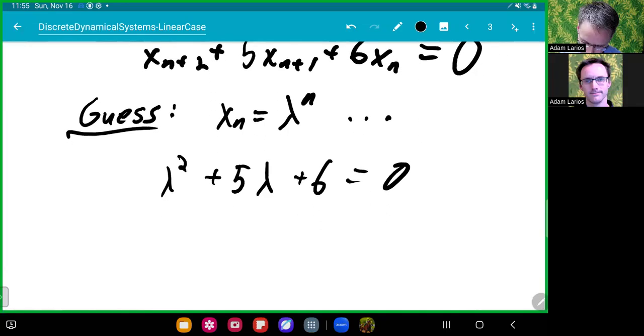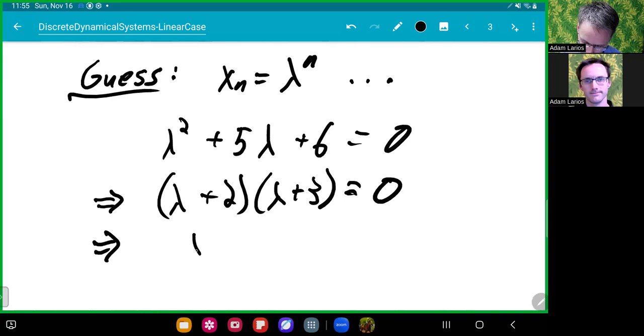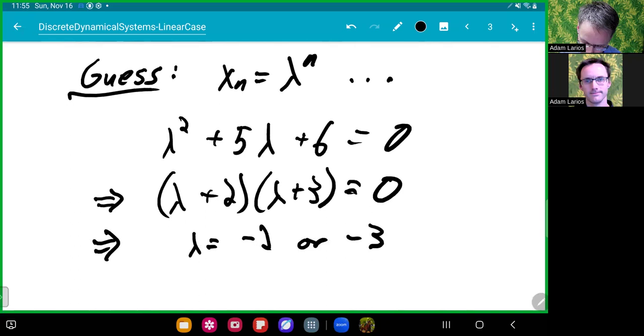That's what's happening, plugging it in and dividing by lambda to the n. And we can factor this a little bit easier. We've already seen something like this: lambda plus 2 and lambda plus 3 equal to 0. It's a factorization. So this tells us that lambda is equal to -2 or -3.